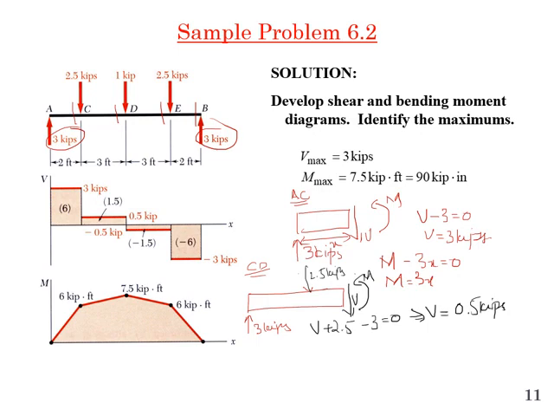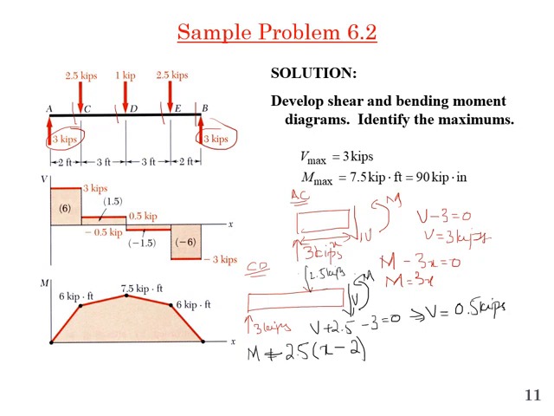And for the moment, I can write M plus 2.5 multiplied by (x minus 2) feet.